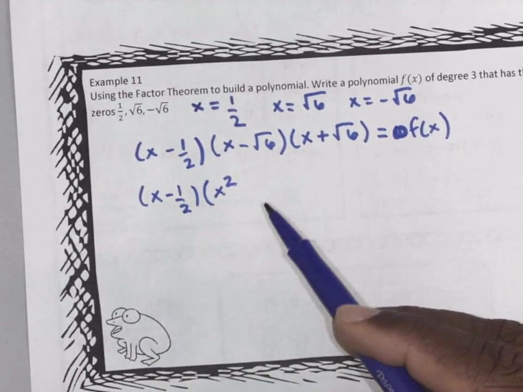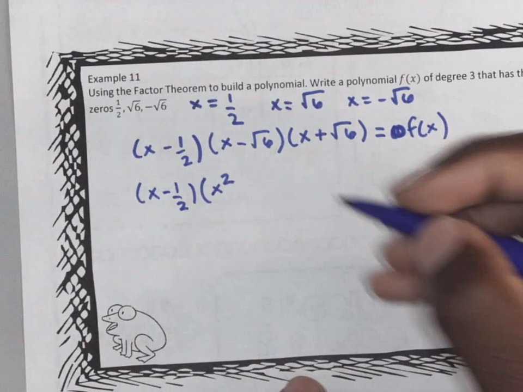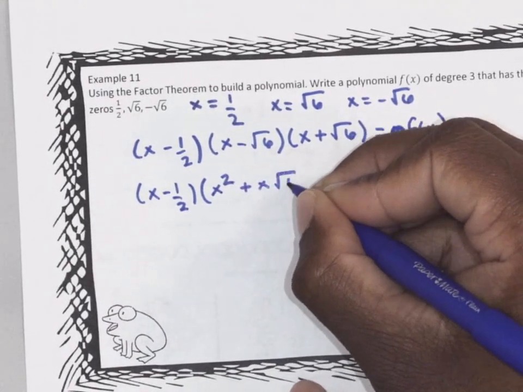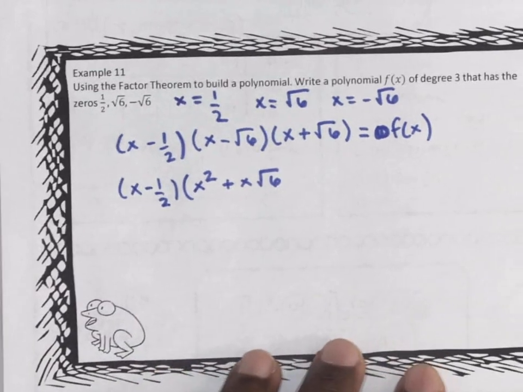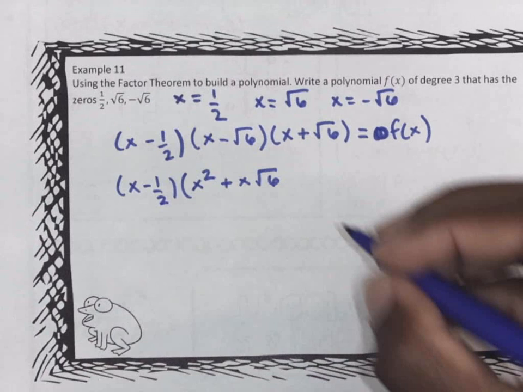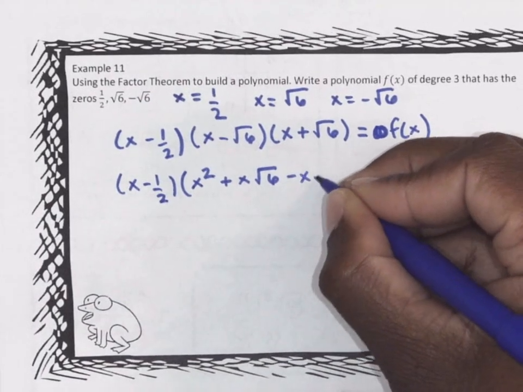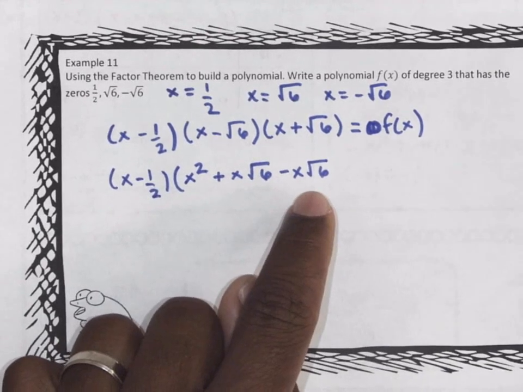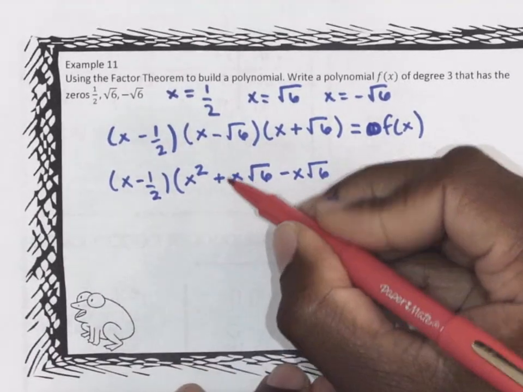O, outer times outer, x times root 6, positive x times root 6. Inner times inner, negative root 6 times x. What's happening to these 2? Yep.